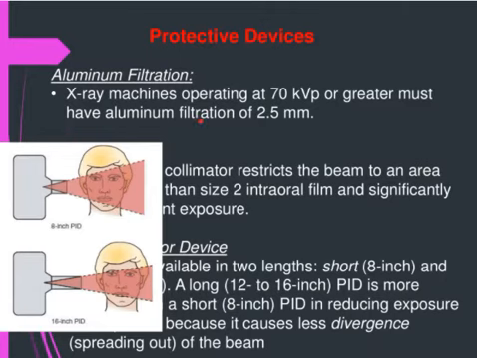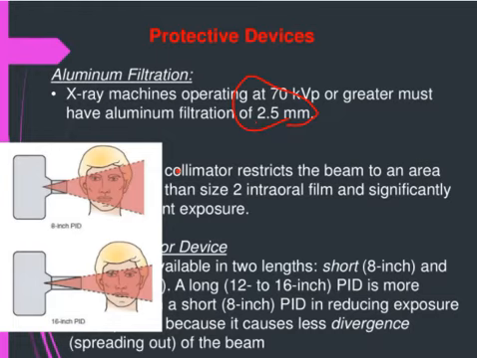Now, protective devices. We discuss the aluminum filter that occurs inside the X-ray tube. When a machine is operating at greater than 70 kVp, the aluminum filtration should be 2.5 millimeter thickness of aluminum. If a machine is operating at less than 70, then it should have 1.5 millimeter thickness of aluminum.